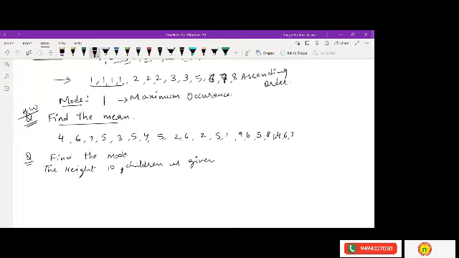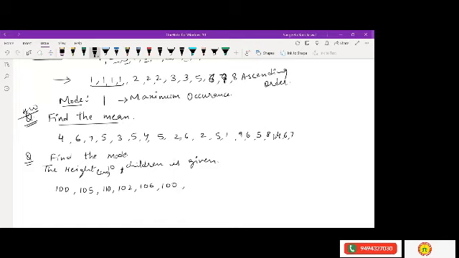I'm giving you the height of 10 children in centimeters. So that is 100 centimeters, then 105 centimeters, then 100, 110 centimeters, 102 centimeters, 106 centimeters, 107.